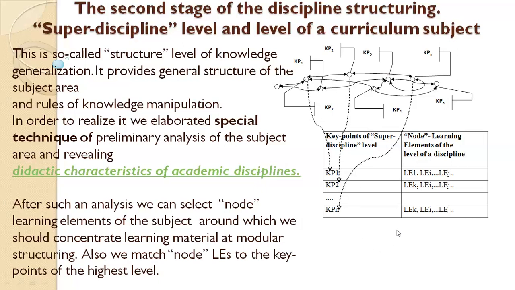So formally it is done in such a way, and these selected learning elements, which are grouped among proper key points of the first level of knowledge generalization, all of these learning elements, they in fact make modules and in fact make so-called frames in the terminology of artificial intelligence theory.